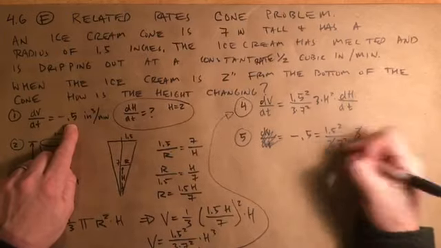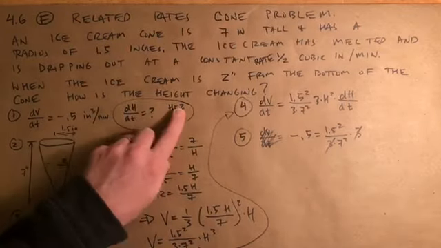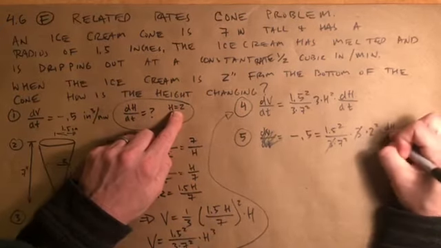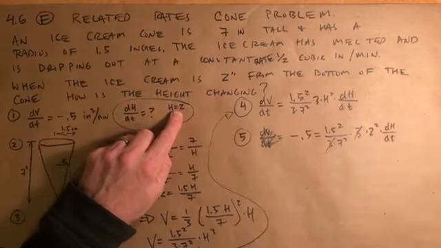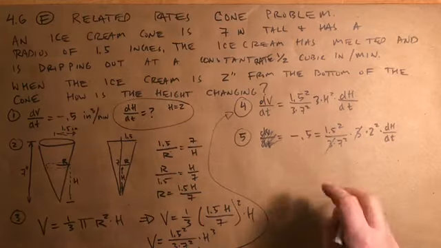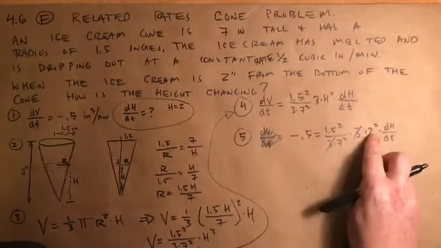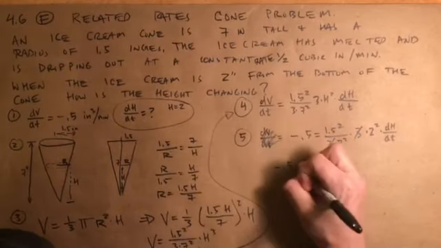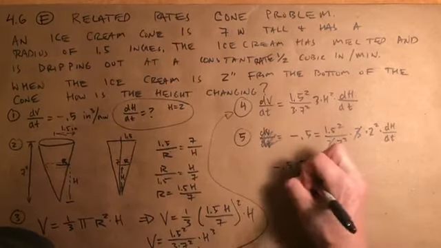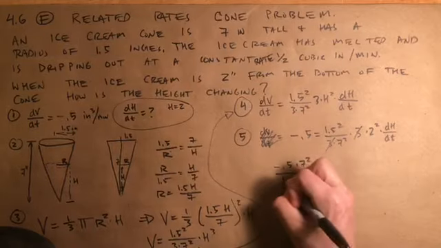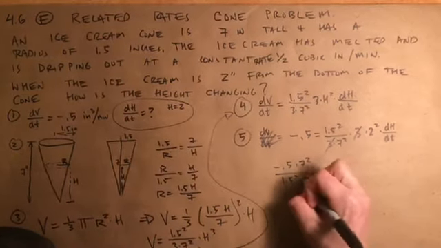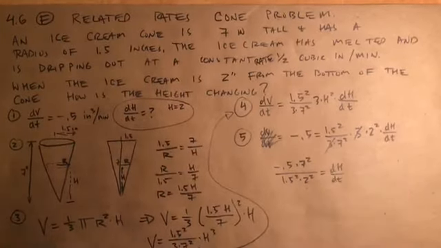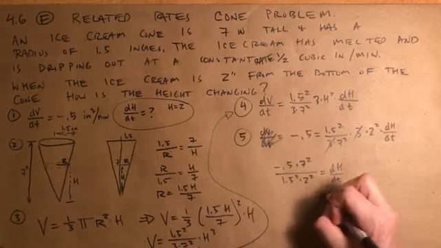And I guess we could say that those 3's cancel one another. And h is 2, so we can have a 2 squared times dh dt. So I'm not going to make this any more beautiful than I need to, but we'll have negative 0.5 times 7 squared over 1.5 squared times 2 squared is equal to dh dt. And I can get us a number here in a second.